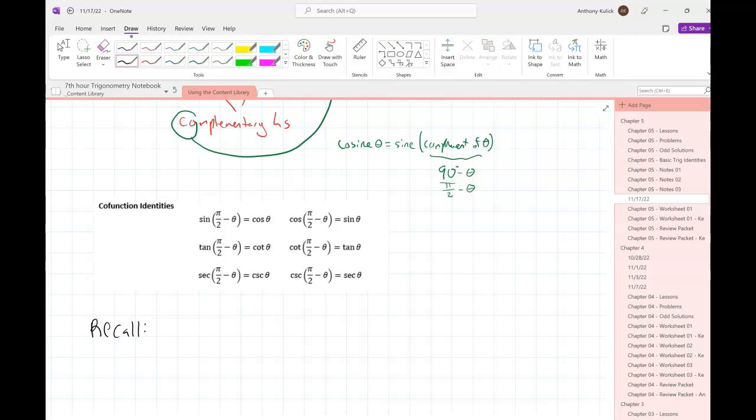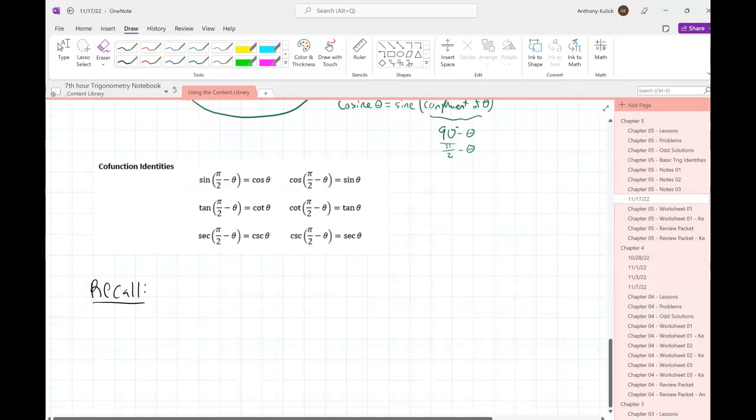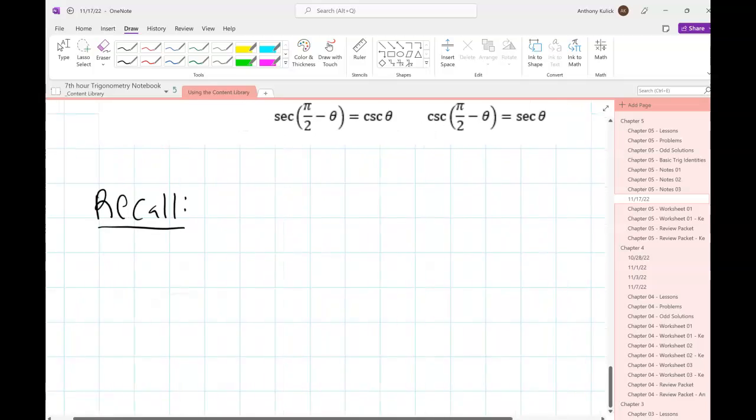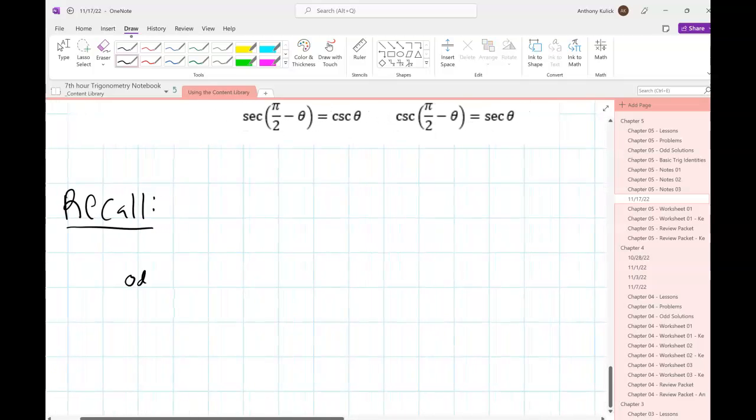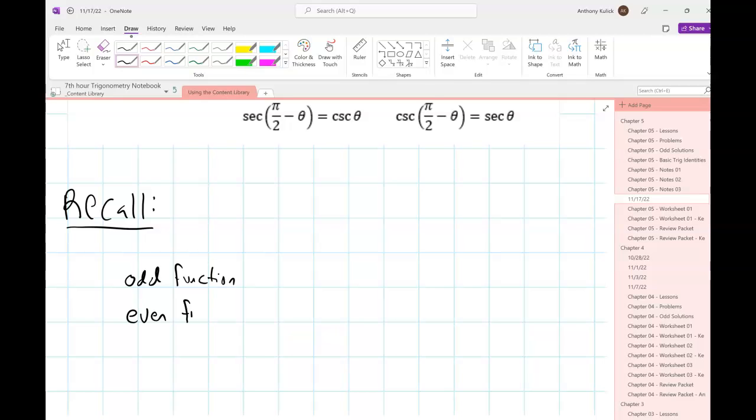So recall back to chapter 1. Remember in chapter 1 we talked about odd and even functions? That was something we talked about. An odd function, we said, was something where f of negative x equals negative f of x.